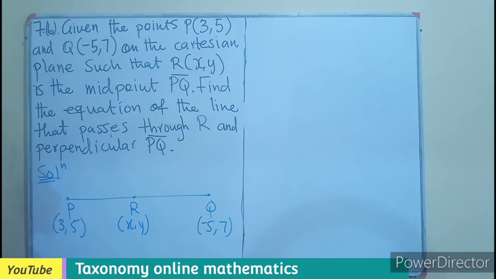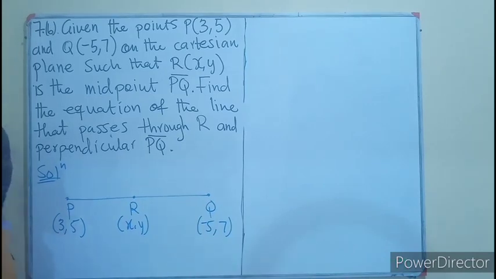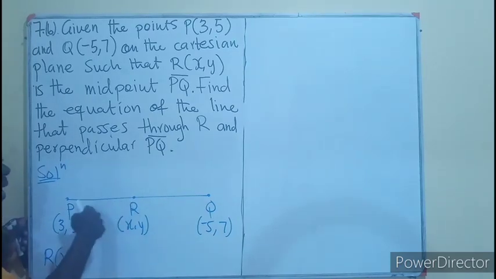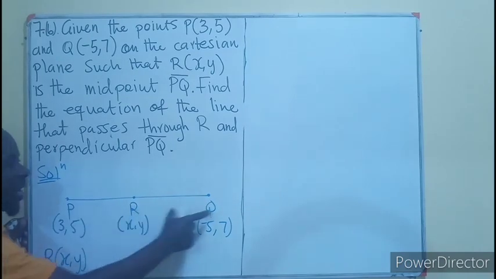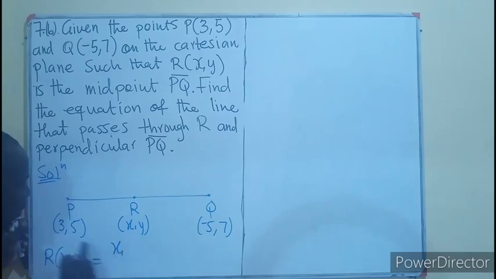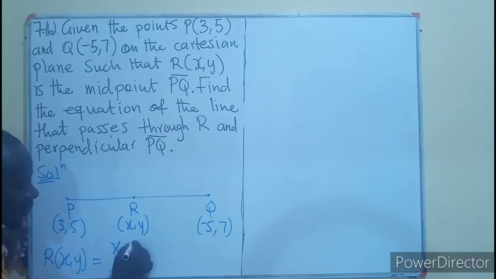Now, we know that to find the midpoint, R(x, y), it is equidistant from P and Q. Therefore, x is x1 plus x2 divided by 2.